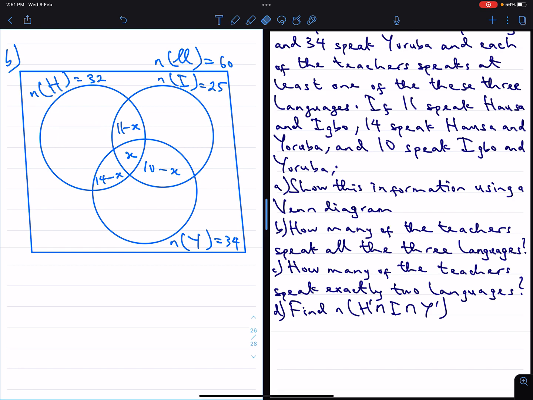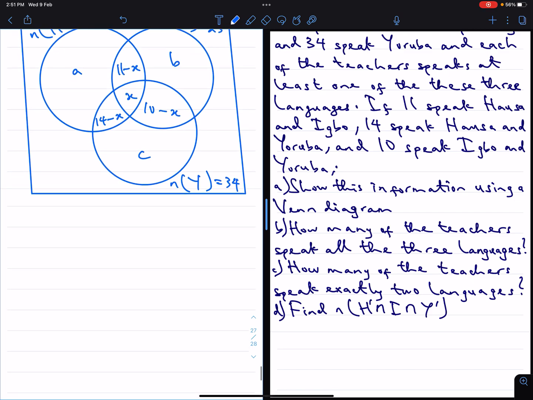So let me call this A. Those that speak only Hausa, let me call them A. Those that speak only Igbo, let me call them B. And those that speak only Yoruba, let me call that number C. So A will be equal to 32 minus the sum of 11 minus x plus 14 minus x.